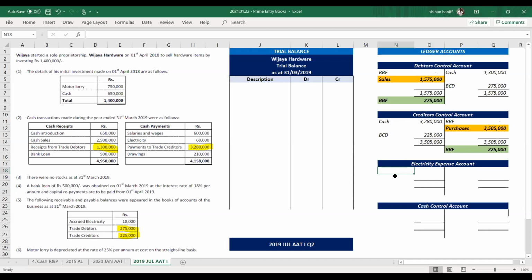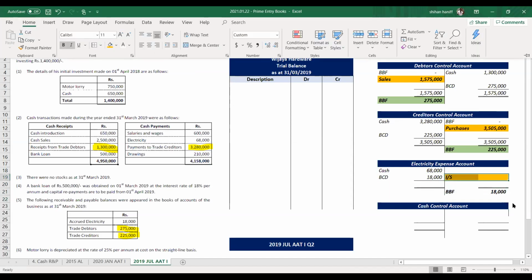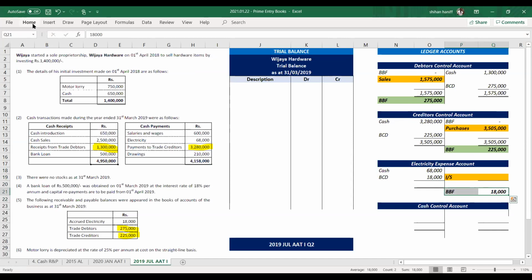Then the electricity, cash 68,000, payable 18,000. Closing balance 18,000.